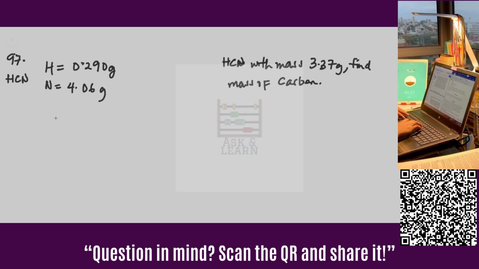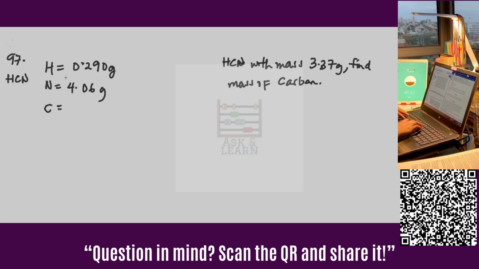So the first approach in tackling the question is, since we've been given the masses of two elements of this compound, hydrogen cyanide, we know we're missing one element here, which is carbon. So all we have to do is determine the mass of this carbon, right?